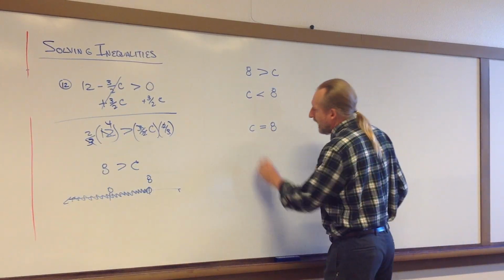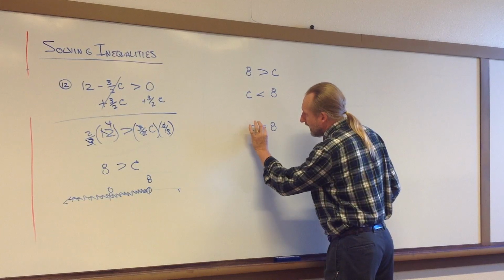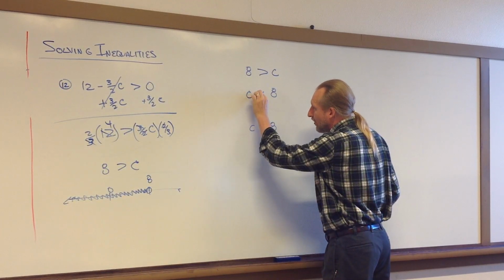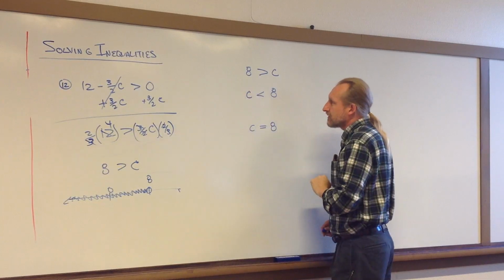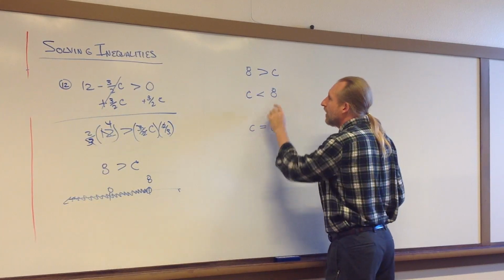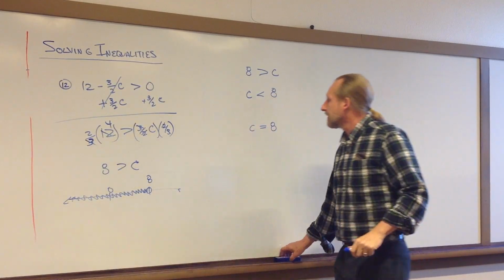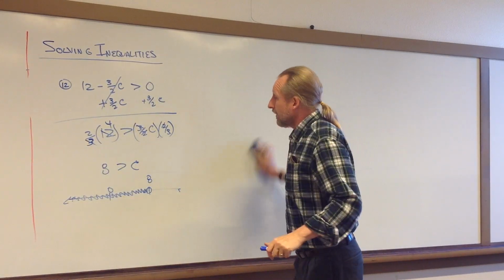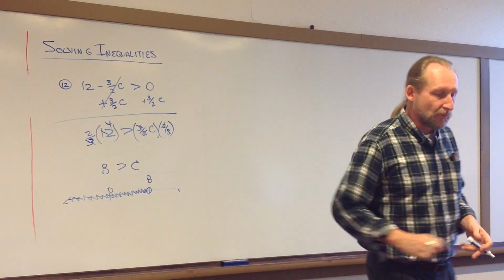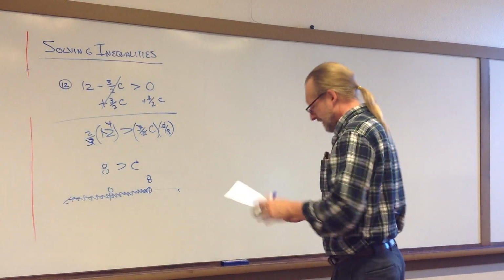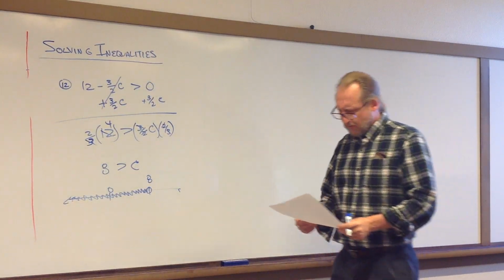Now, watch what happens if you pinch this side down. Then the opening in between those lines gets smaller on this side and bigger on this side. And in the same way, that means this number is bigger, this number is smaller. It's important that you understand which side is bigger and which side is smaller when you're dealing with an inequality.